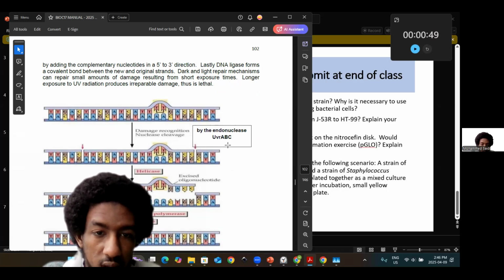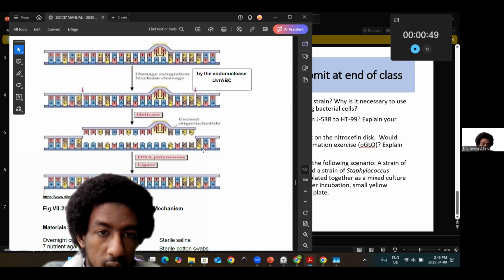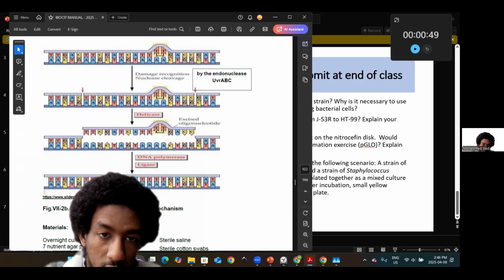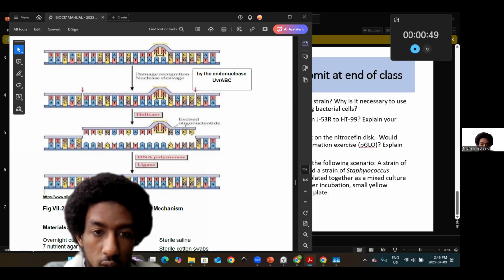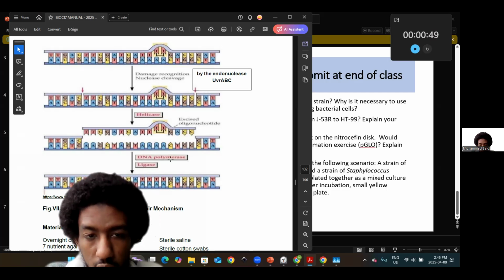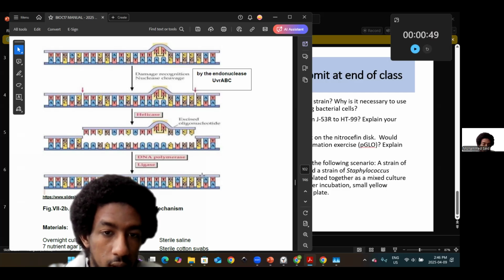So bear in mind the acronym shown here. The idea is that it would have removed a portion of the DNA strand that had the dimerization of nucleotides, and thereafter, essentially, you would use DNA polymerase to essentially return.